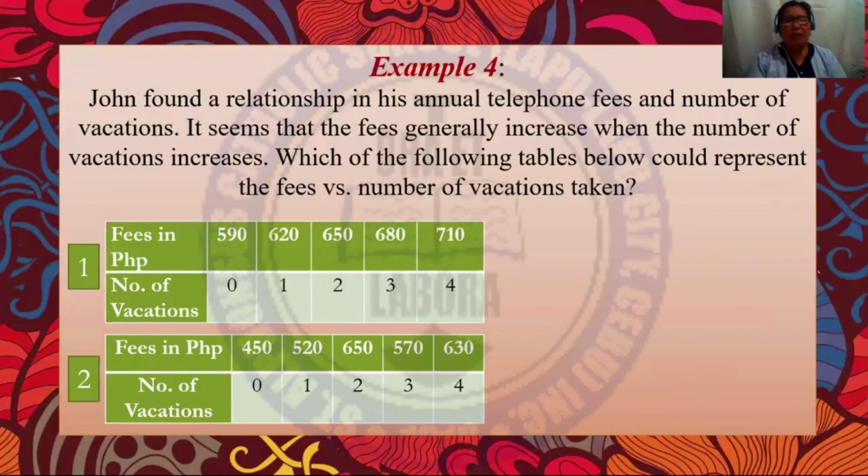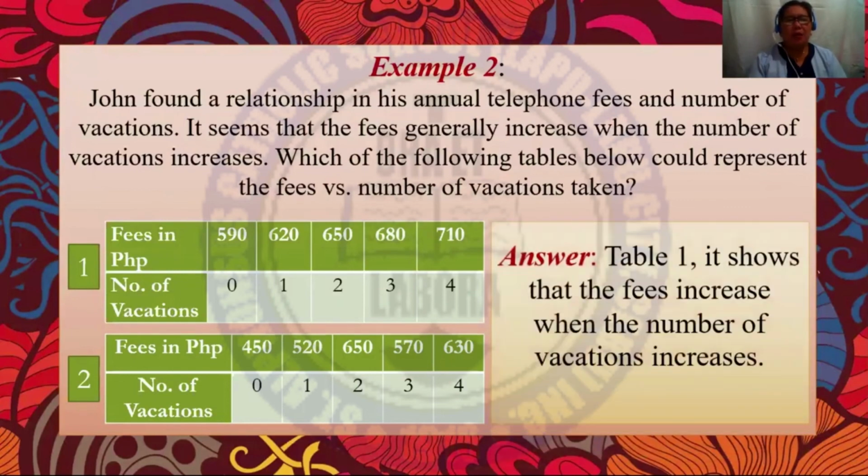So, which of the two tables below could represent the fees versus the number of vacations taken? And the answer is table number 1. It shows that the fees increase when the number of vacations increases.